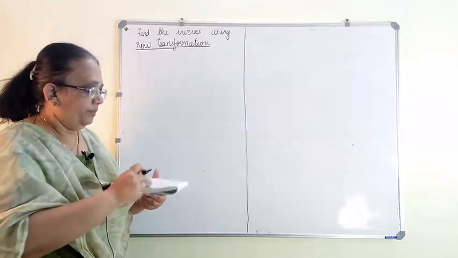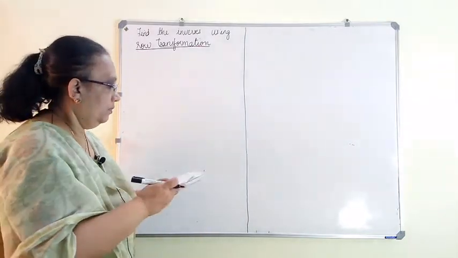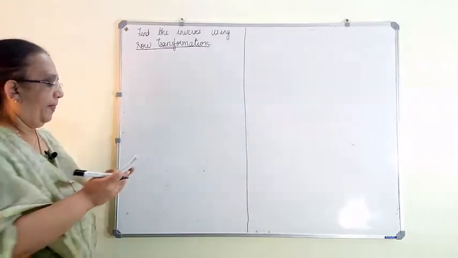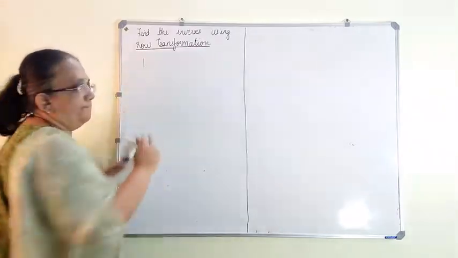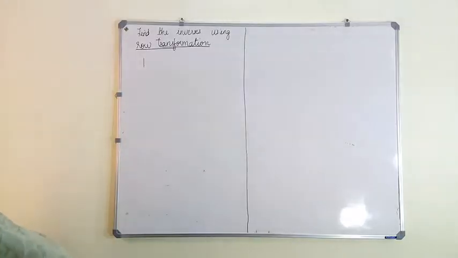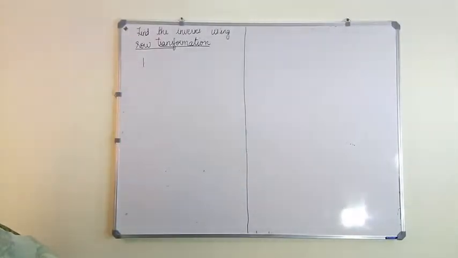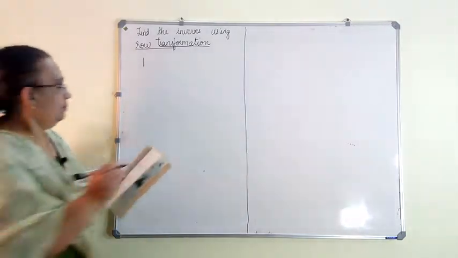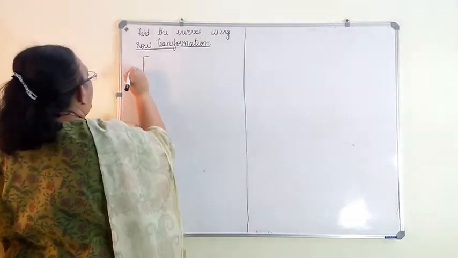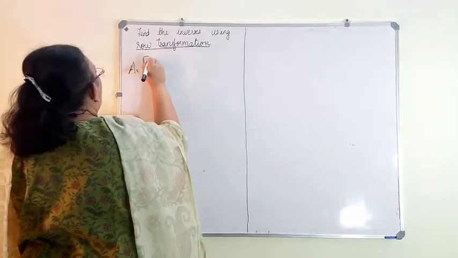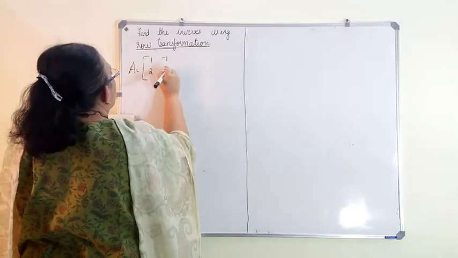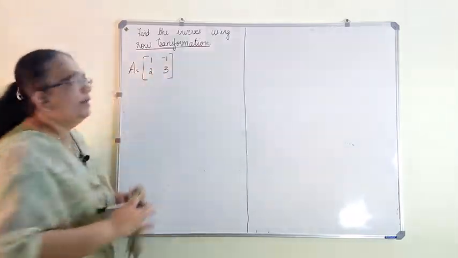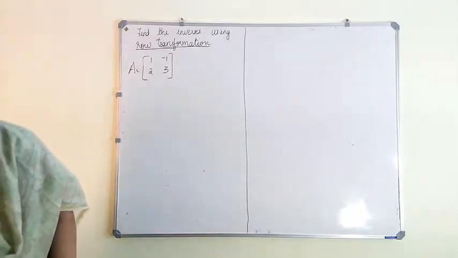Let us take an example. Matrix A is equal to matrix 1, minus 1, 2, 3. We have to find the inverse of this matrix using row transformation.